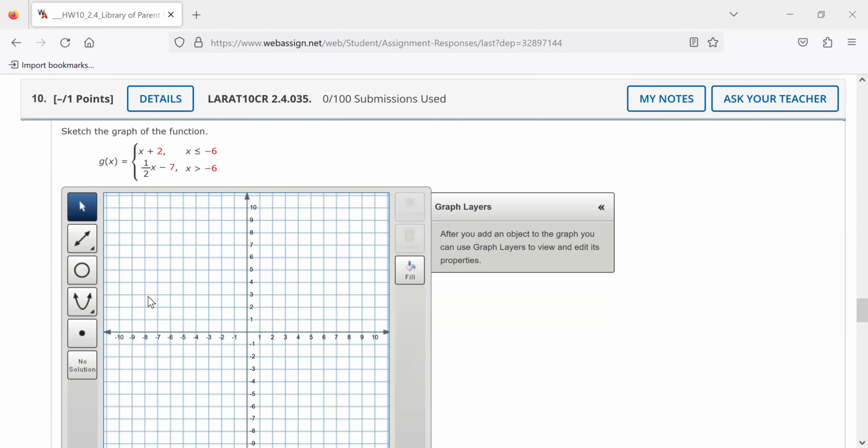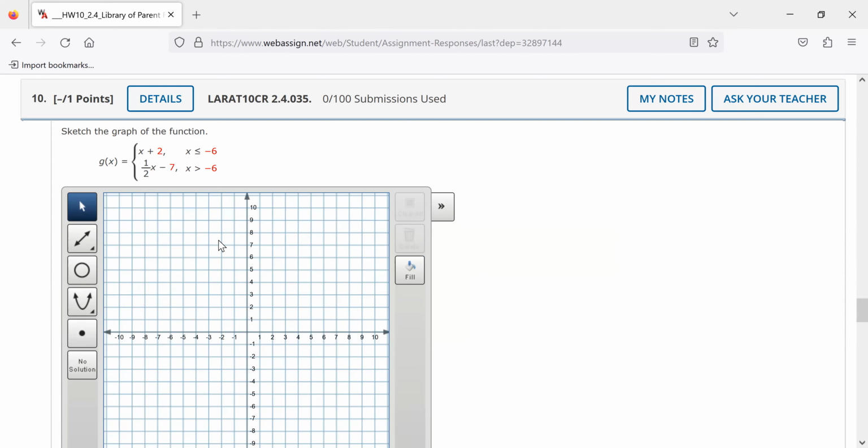Here we have piecewise functions. Have we talked about piecewise? I don't remember. So it's somewhat familiar, right?